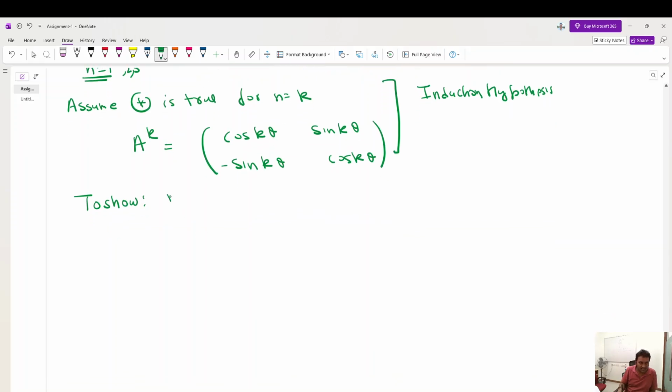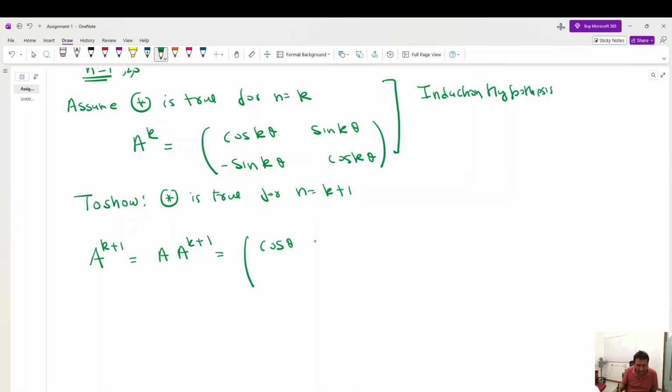So to show star, the statement, is true for n equal to k plus 1. That should be our approach. And if this is true, then our conjecture is true, right? So let us see what it is. You know it is a into a^k plus 1. Now you solve it.